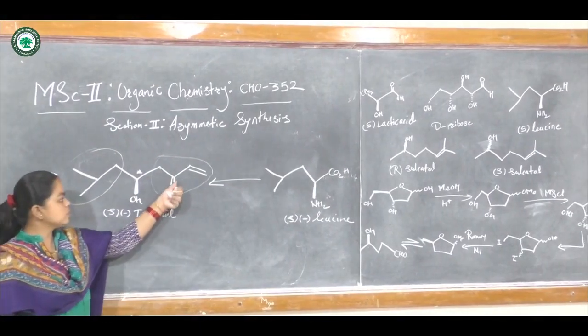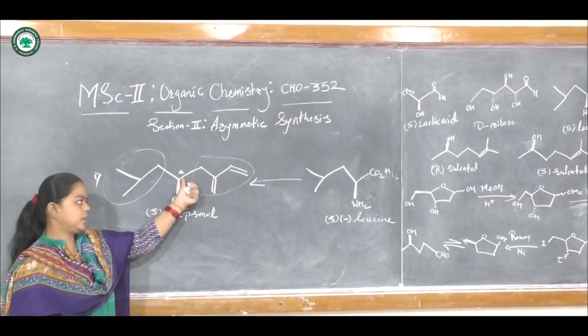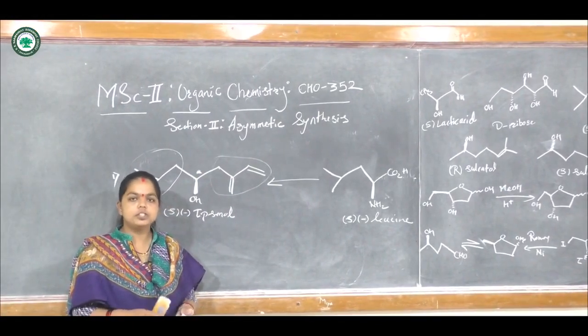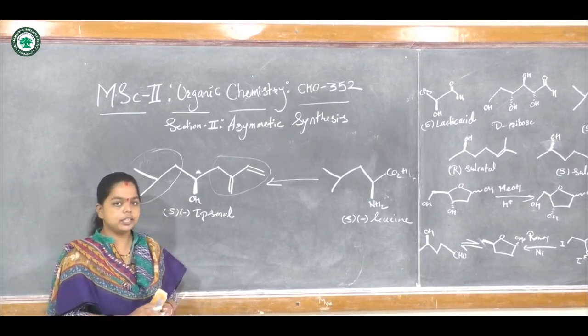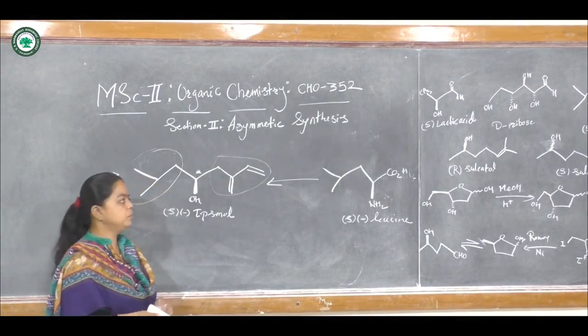So these two branches are present on this chiral carbon atom. We have to synthesize this molecule from an enantiomerically pure compound having the relative structure, which is present in enantiomerically pure form.